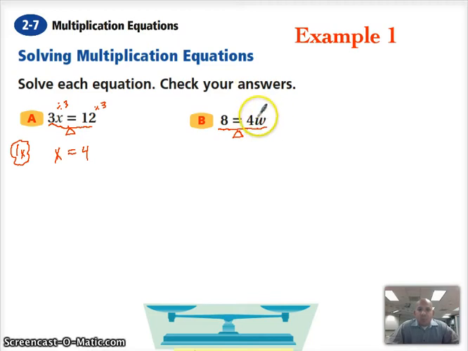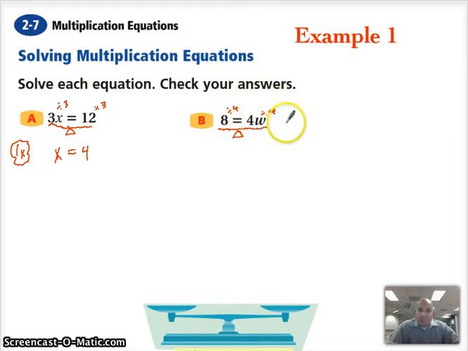So in order to isolate the variable, we've got to get rid of this times 4. How do we get rid of the times 4? Well, once again, we divide by 4. And if we divide by 4 on one side, we've got to divide by 4 on the other side to keep this scale in balance, to keep this equation in balance.